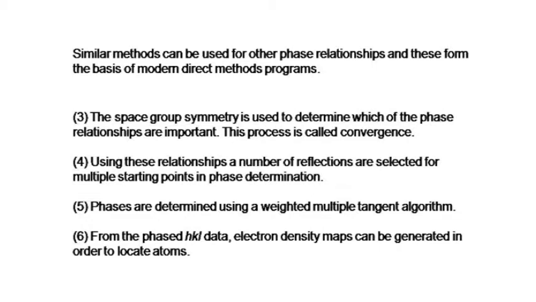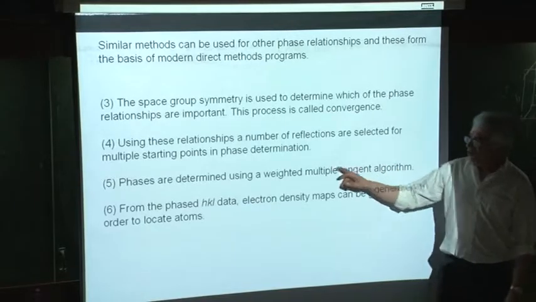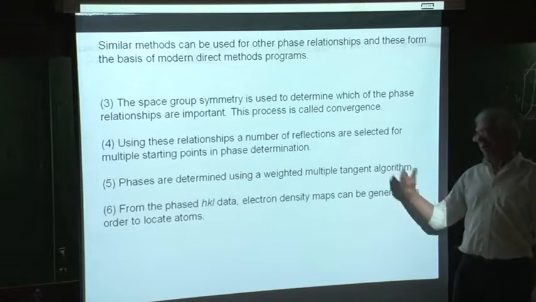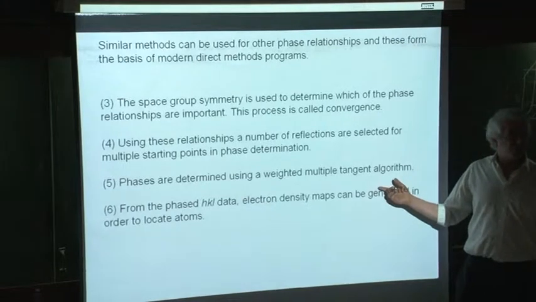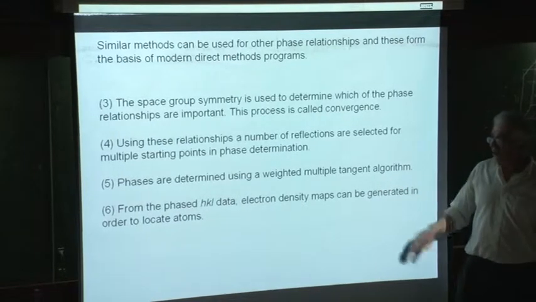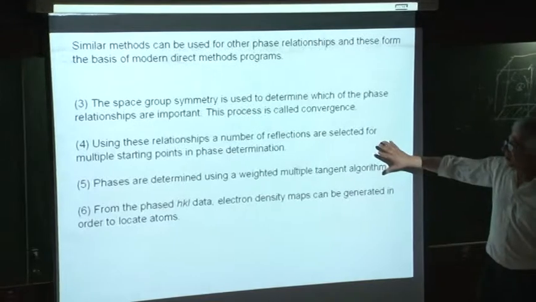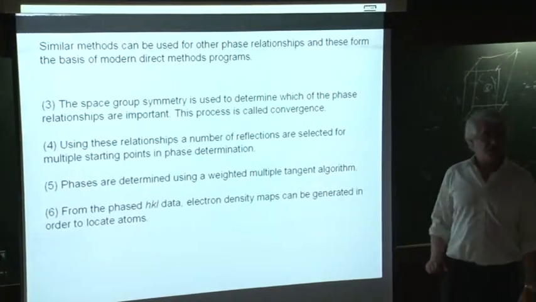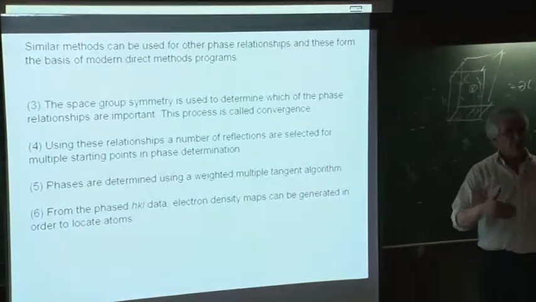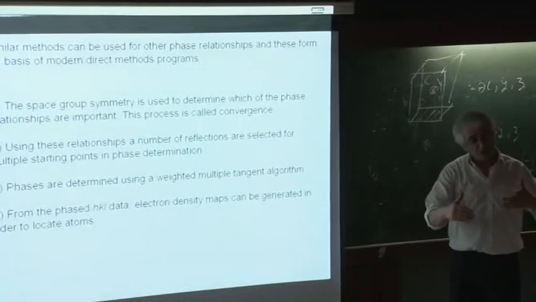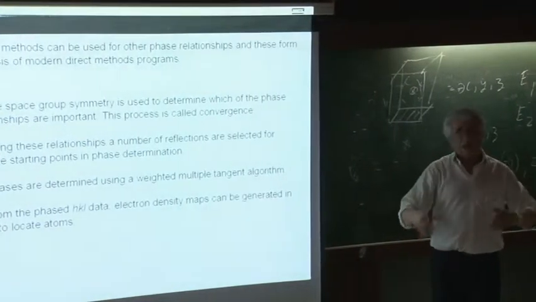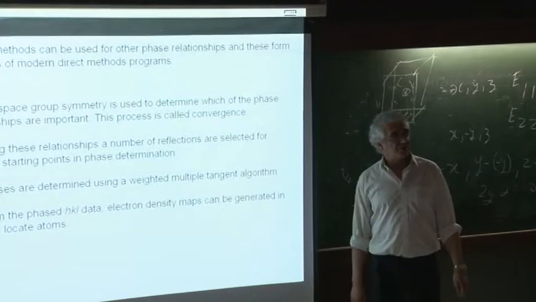That we call convergence, and you use these relationships as a starting point for phase determination. There's a horribly complicated multiple tangent algorithm that you use. I'm not going to show you that. You use that for your initial phasing of the data. So you have some initial phase, you have these phase relationships, you then try to phase them using this multiple tangent algorithm.